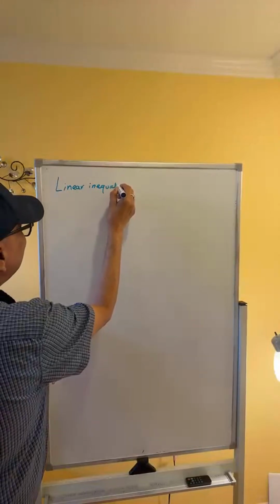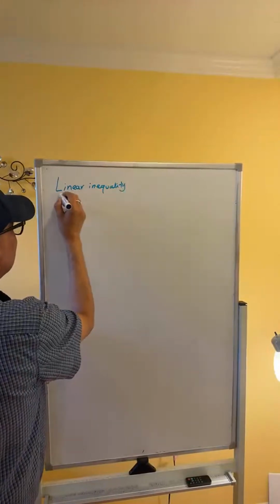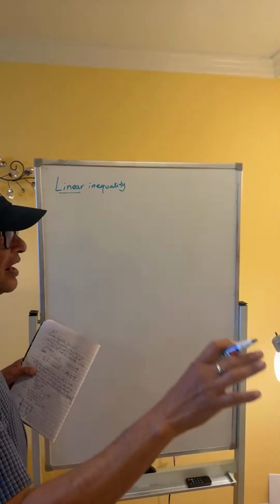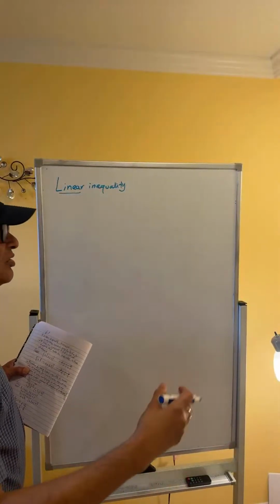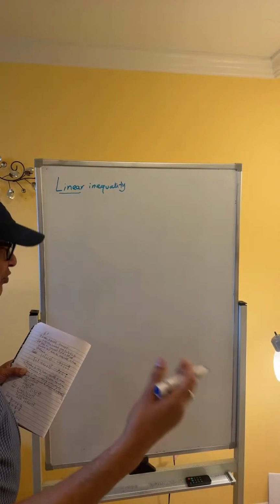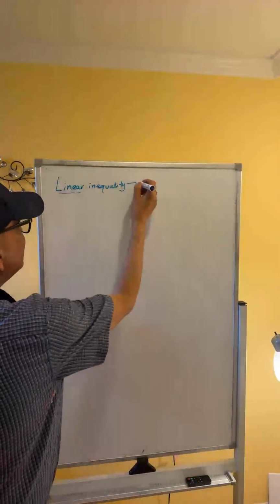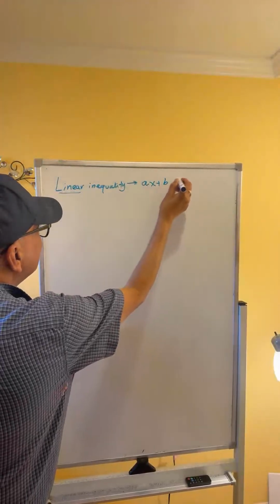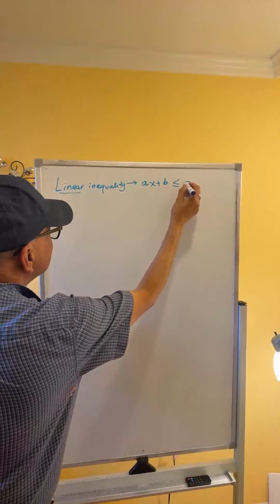Linear comes from the word line, a straight line, and the highest power of x, or the unknown variable in algebra, is 1 here. So linear inequality is of the form ax plus b less equal to c.